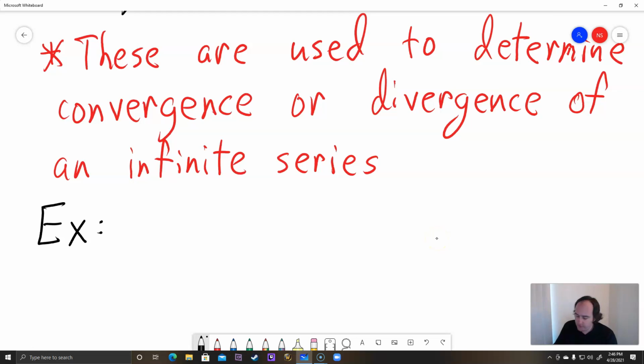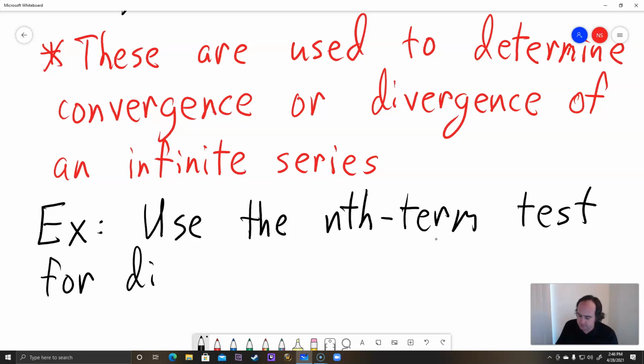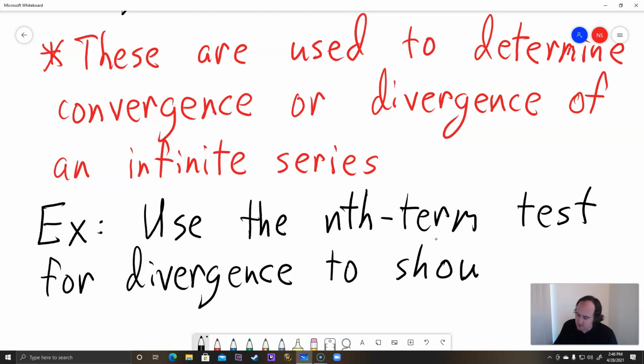Example: use the nth-term test for divergence to show that the series is divergent or state that the test is inconclusive. With the nth-term test for divergence, there's only two cases.